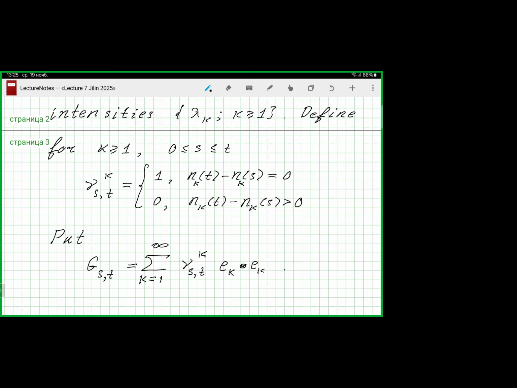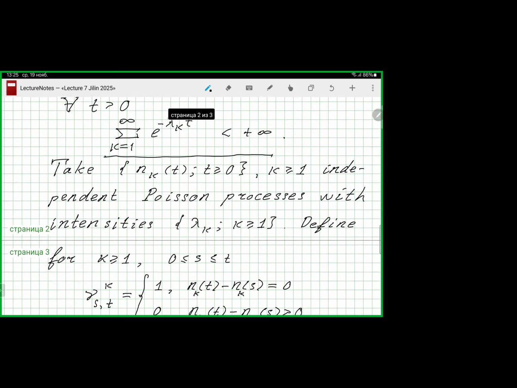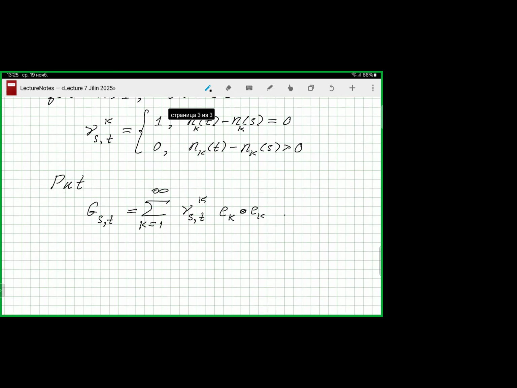And you see now this condition. What does it mean? It exactly means the following.